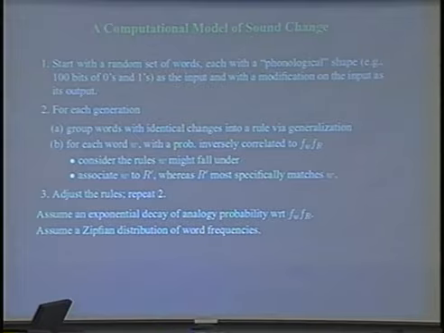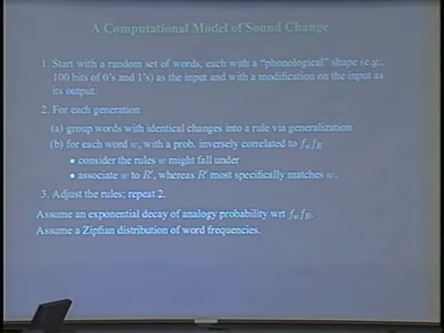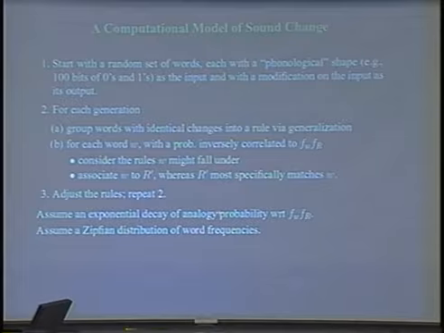Then for each word, there's a probability inversely correlated to its own frequency times the size of its class. You toss a coin, or generate a random number. If it's smaller than that, you stay where you are, you stay irregular.